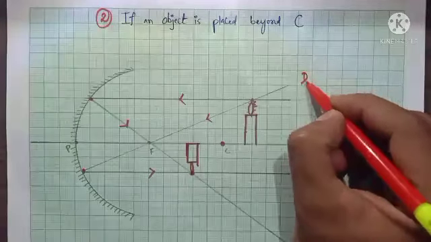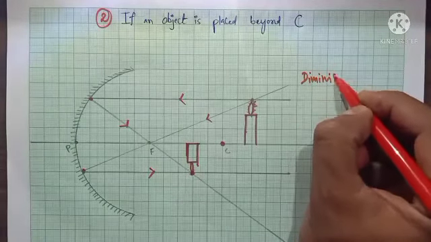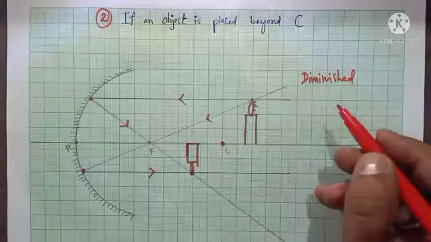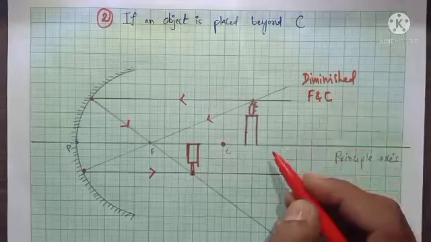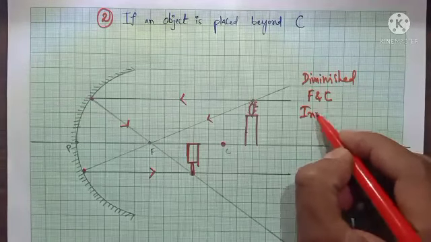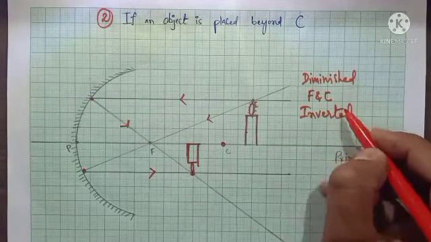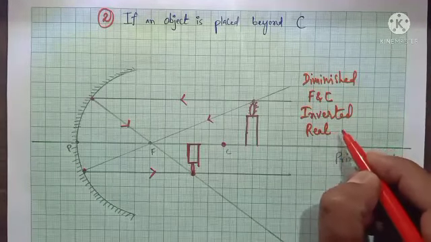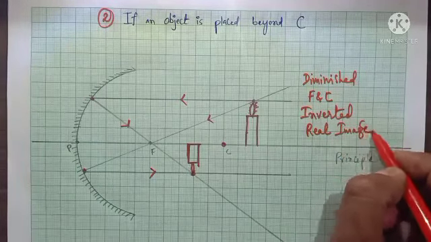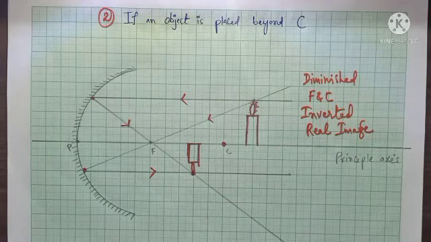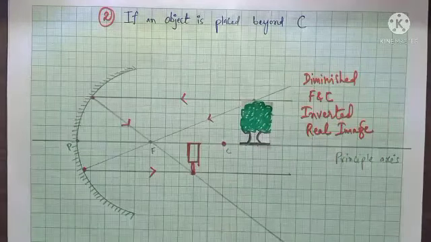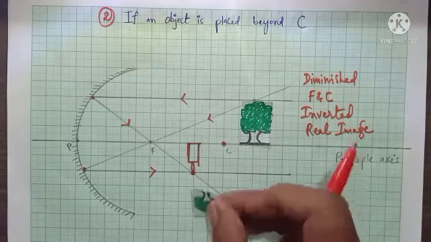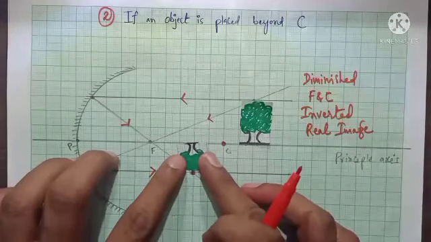It is a diminished image compared to the object, and it forms between F and C, and it is an inverted image, and it is a real image. These are the properties of the image formed here. We can take some more examples. If I place a tree shaped paper here, the image will form like this.